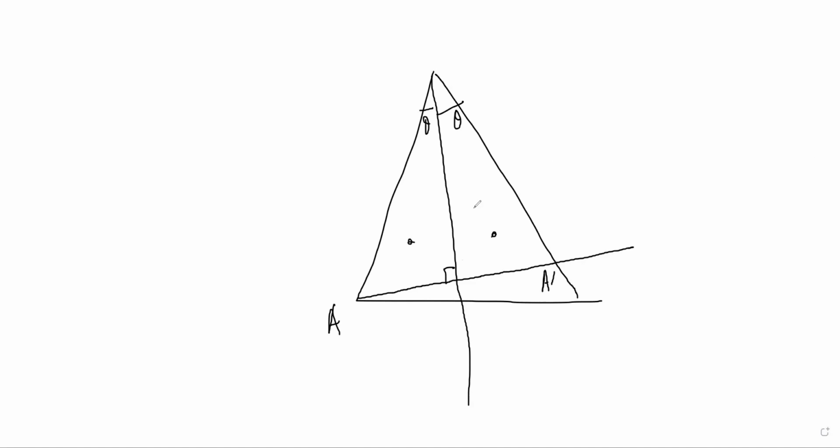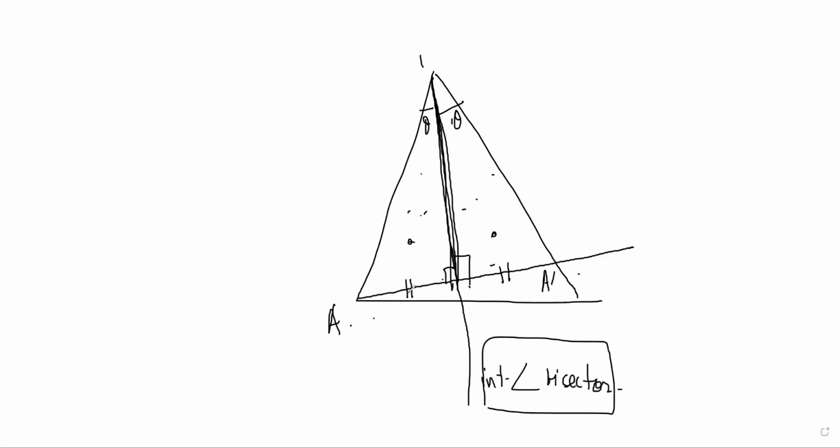Obviously it is similar because of theta and 90, and one side is common, so the ratio of the sides is 1:1. So it is congruent, which implies that this is equal to this. And that implies that A and A dash are reflections of each other across this internal angle bisector, because 90, 90 and equal.